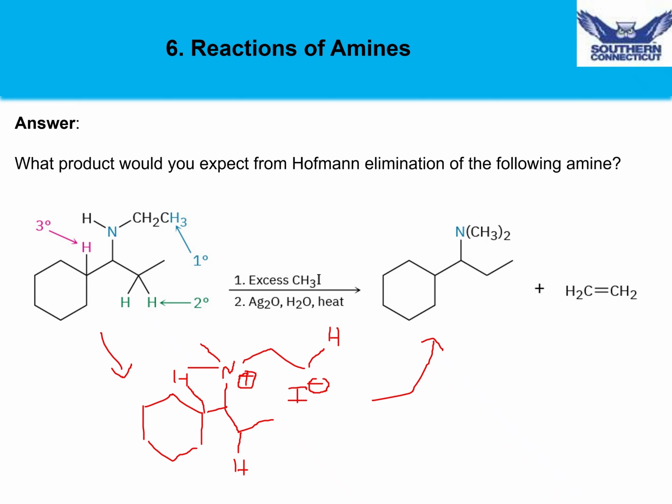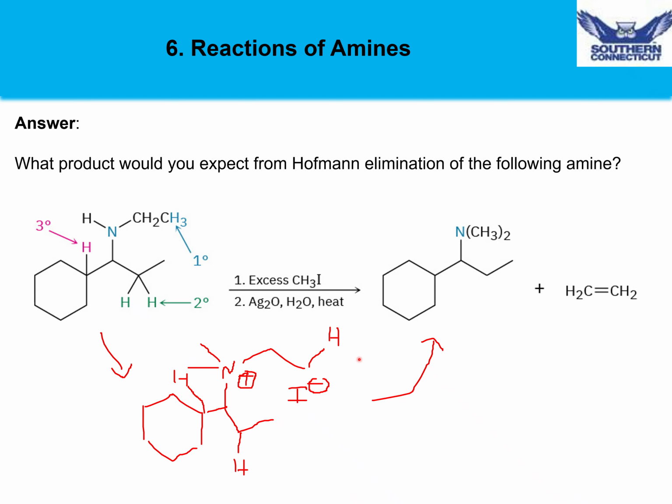From those three possibilities, the least hindered hydrogen would be the one here on the methyl group at the end. A simpler way to look at it is that a methyl group's hydrogens are more accessible than the secondary hydrogens here, and more accessible than the tertiary hydrogen here.